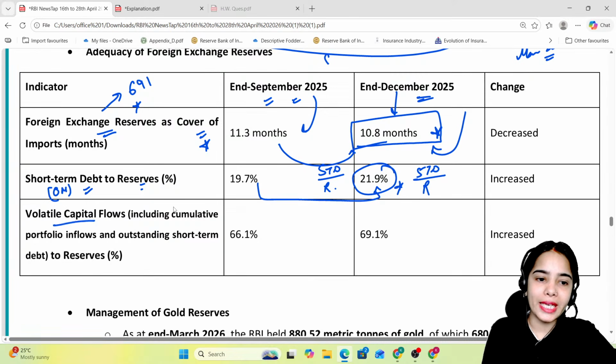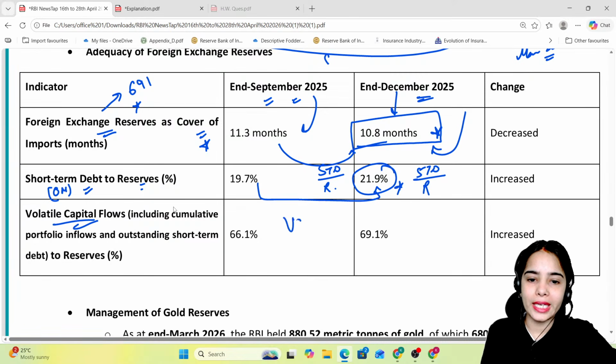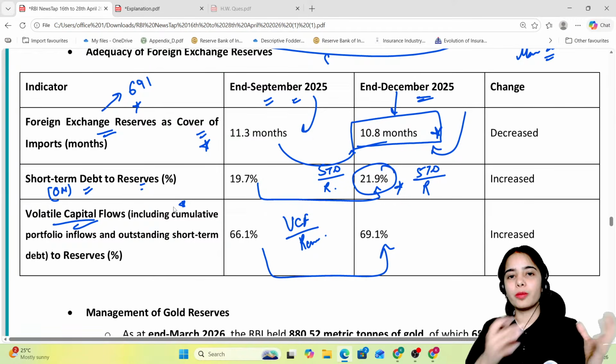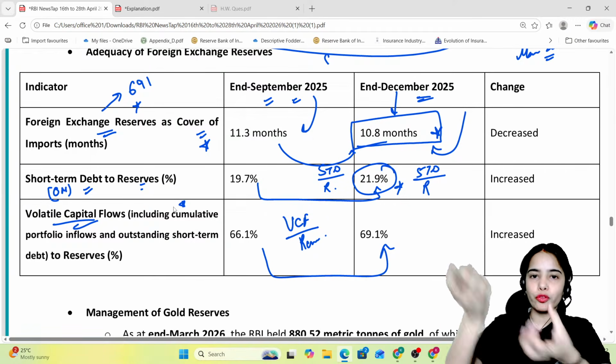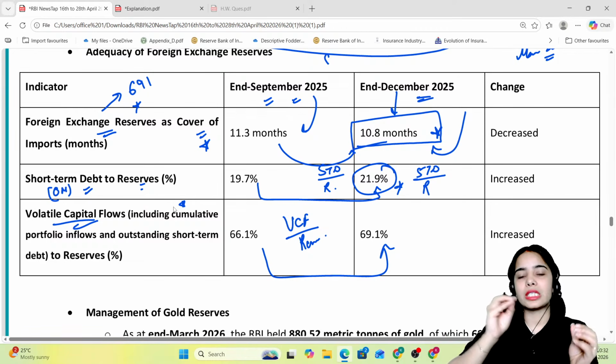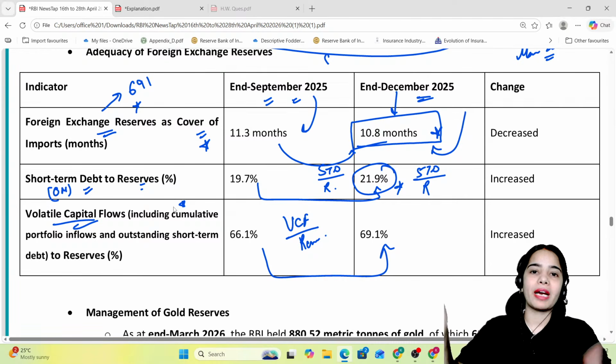Okay, volatile capital flows as a percentage of reserves. This has also increased. The volatile capital flows basically include the portfolio inflows. Portfolio investment is happening, but that is very volatile, because today the foreign investors are investing in the shares and the bonds, and tomorrow they might take away their money.